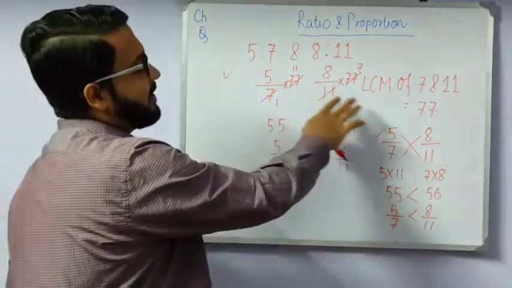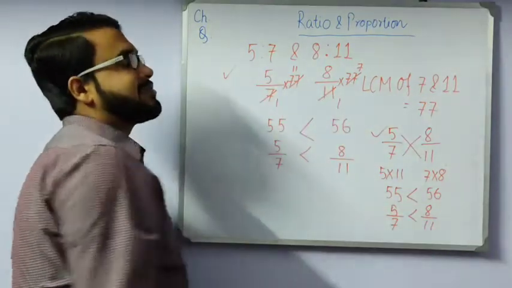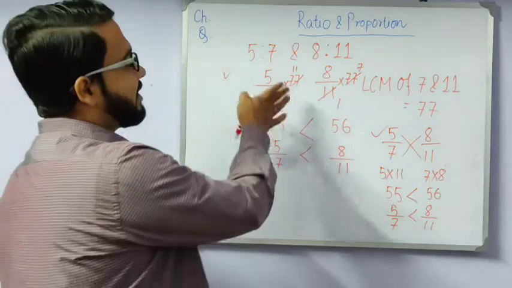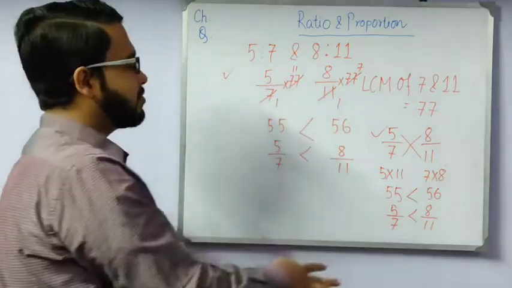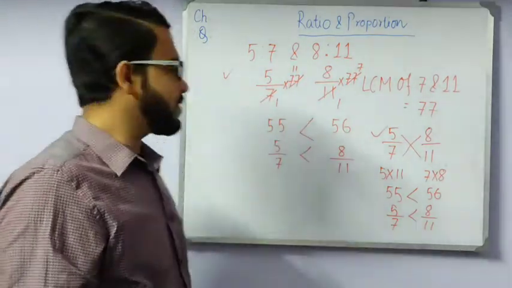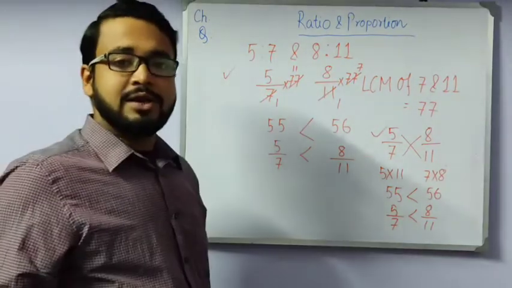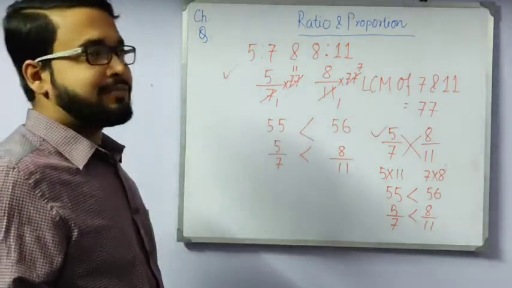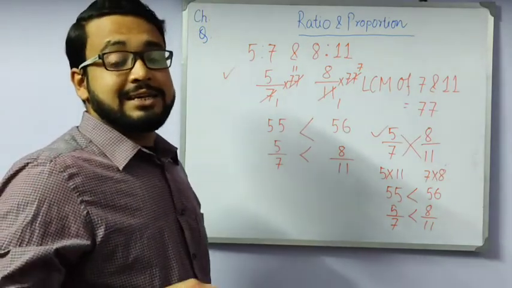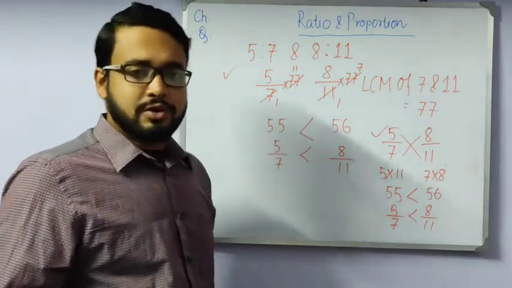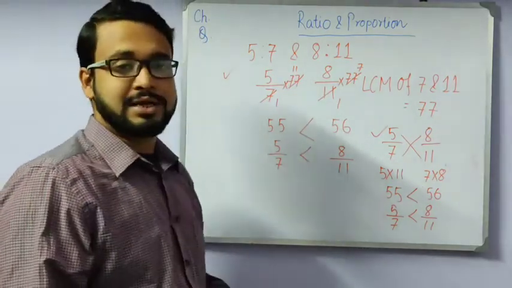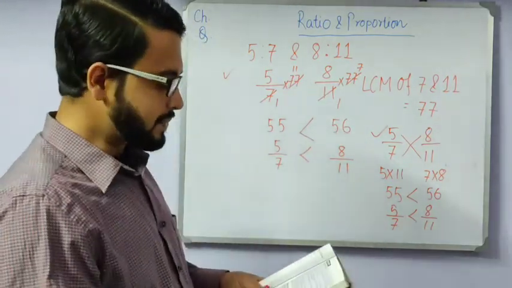Then we find the LCM of the denominators of the three given ratios, and after multiplying them we can easily find out which number is greater. They will appear in integer form, so you can easily put them in ascending order or descending order of ratios, whichever they ask, and answer them.